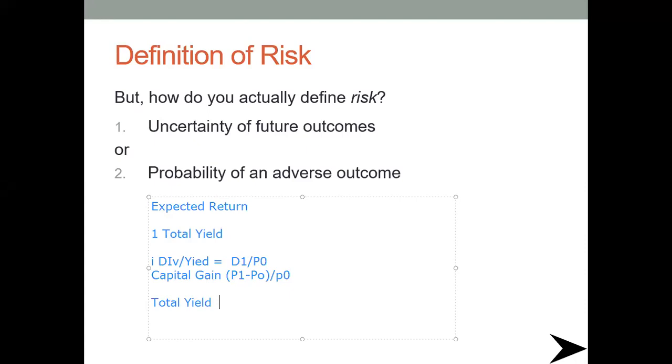To calculate the expected return from that value, one thing is very important. You should know the current dividend as well. If you know the dividend of a particular company, then you can easily calculate the total yield of that company. That is your expected return as well. So total yield is equal to expected return.